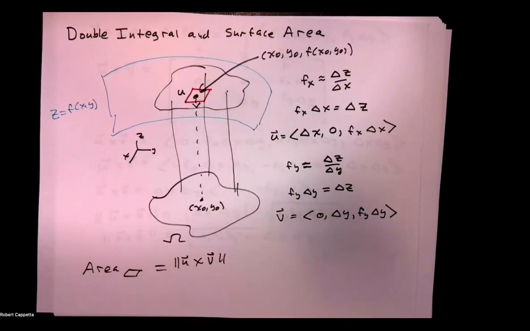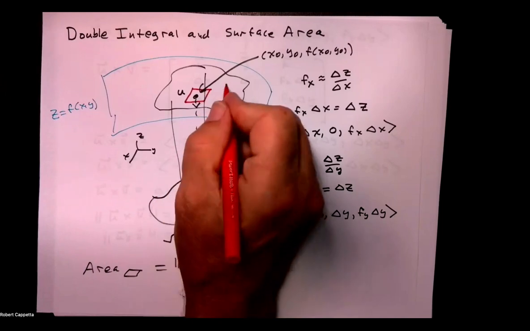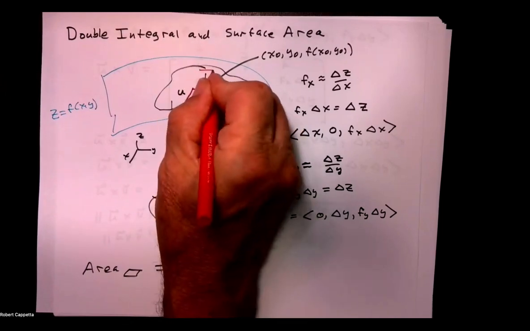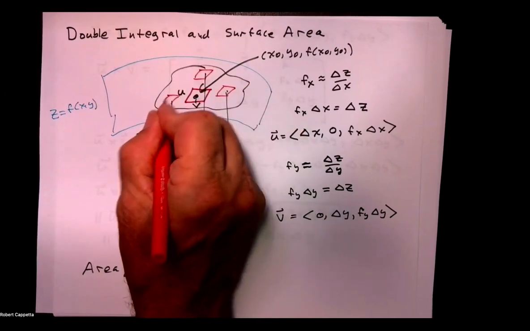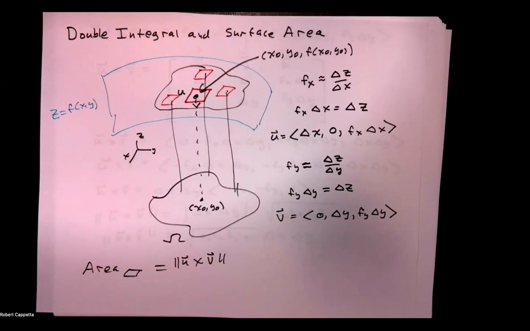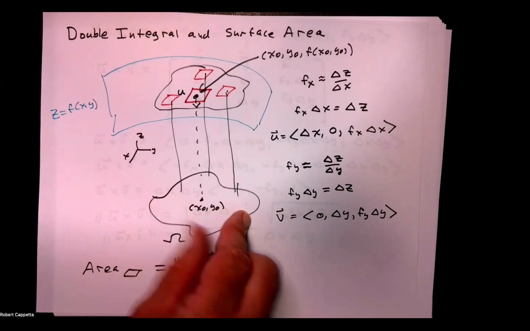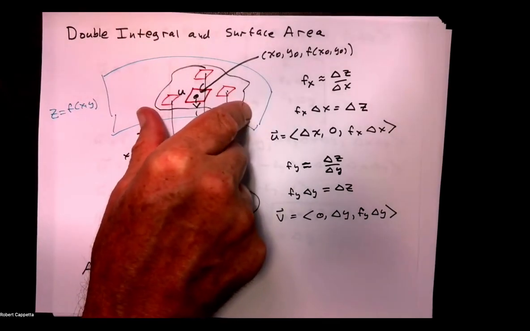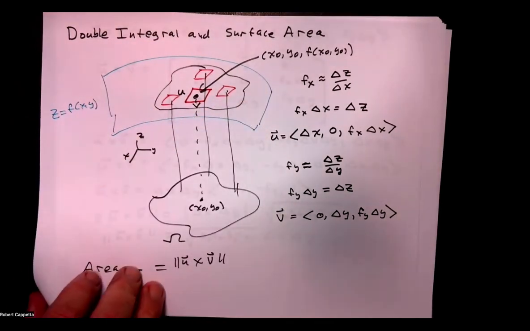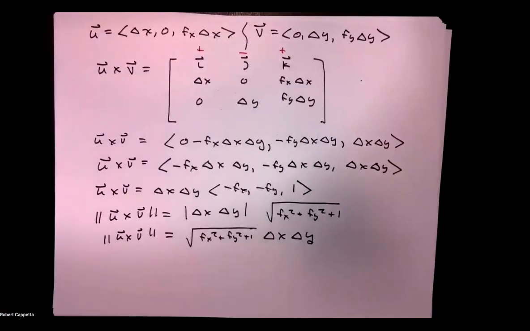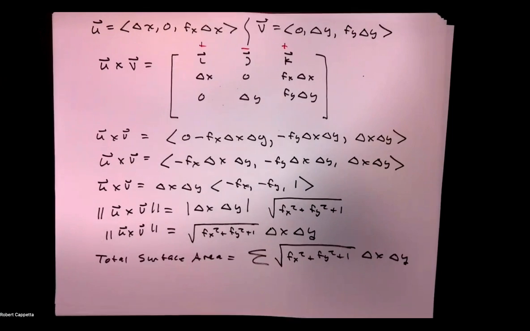Each one of those will also have a parallelogram. And if we add up the areas of all those parallelograms, that will give me the surface area above this region, omega, within that surface, z equals f of x, y. So the total surface area will be the sum of all of these things.